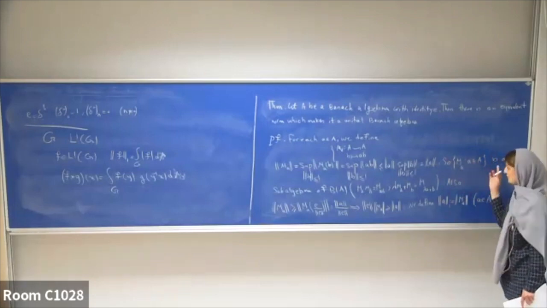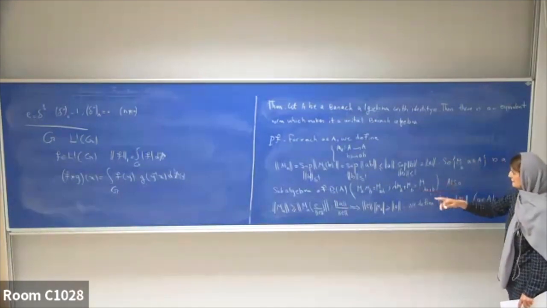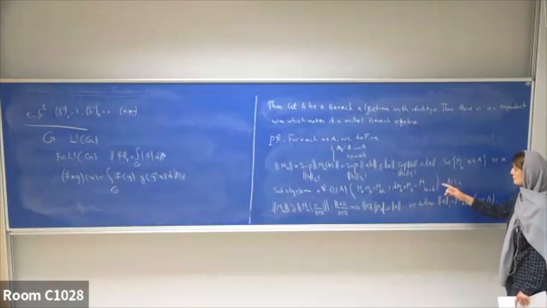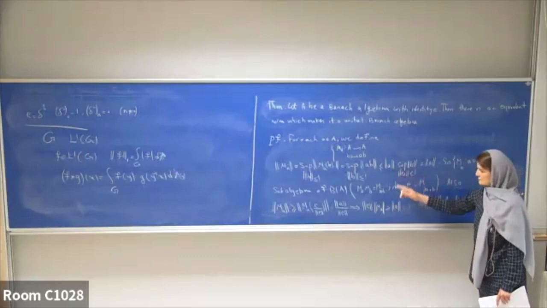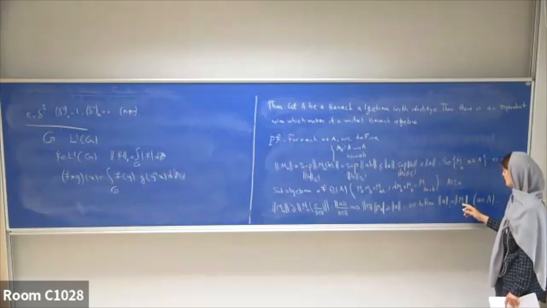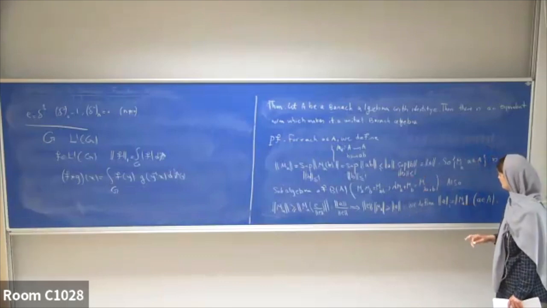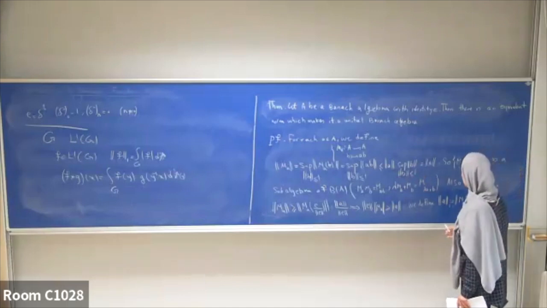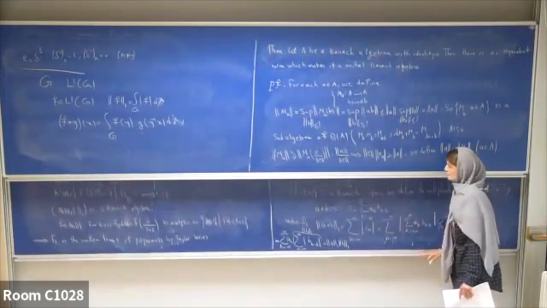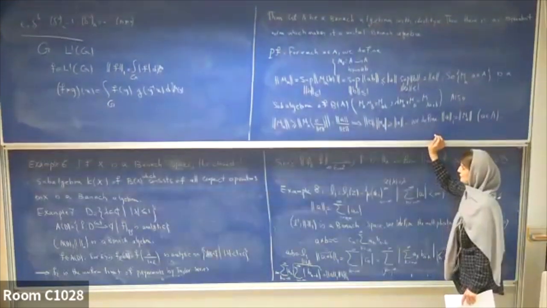And so this is a subalgebra of B of A. So this norm is an algebra norm. And it's a closed subalgebra because these norms are equivalent. And unital because actually M of E is the identity operator and the norm of the identity operator is 1. So anyway, we have a Banach algebra, a unital Banach algebra.